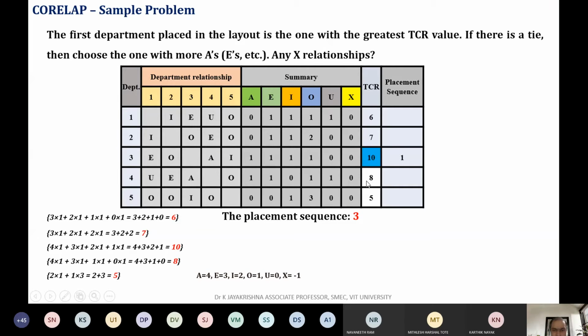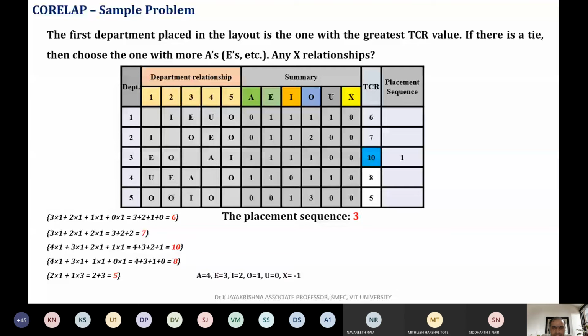Do you have any doubt in calculating the TCR value? No, sir. Okay. So what we did is simple. The first step to calculate the TCR value, we calculated how many A, E, I, O, U, X along the row.